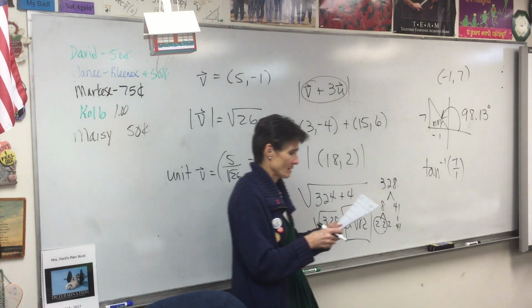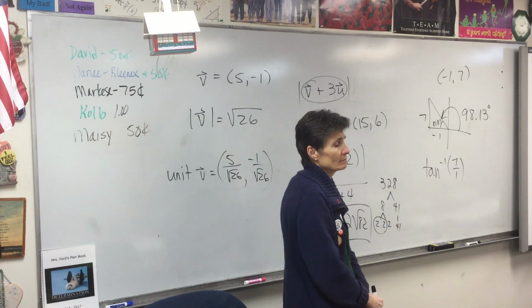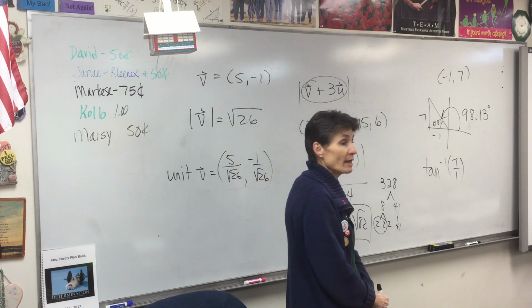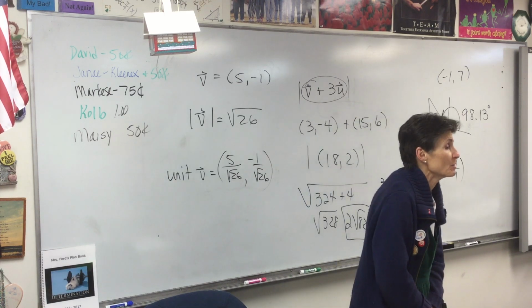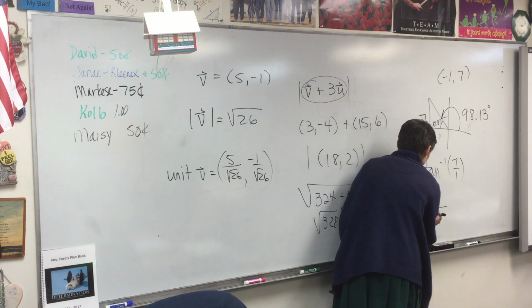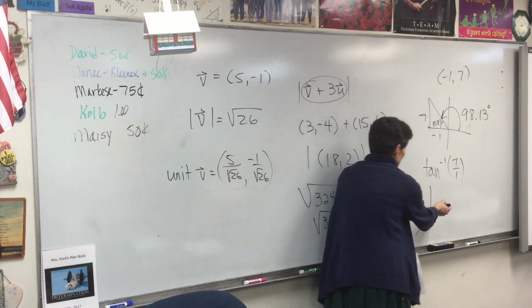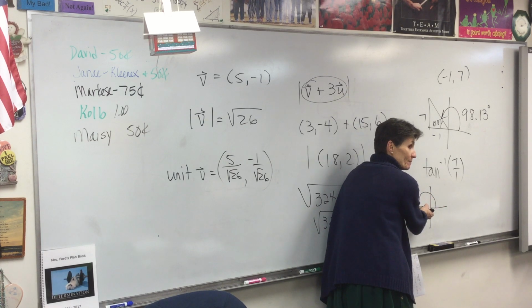Okay, wait. So, still on 7. How Brittany just said, if it's quadrant 3, you add 180. So, if it's quadrant 4... Okay. I don't want you to memorize that because you'll mix it up and you'll mess it up. I want it to make sense to you. If you are doing a quadrant 3 angle, you always start here, no matter what. How far is it from here to here?